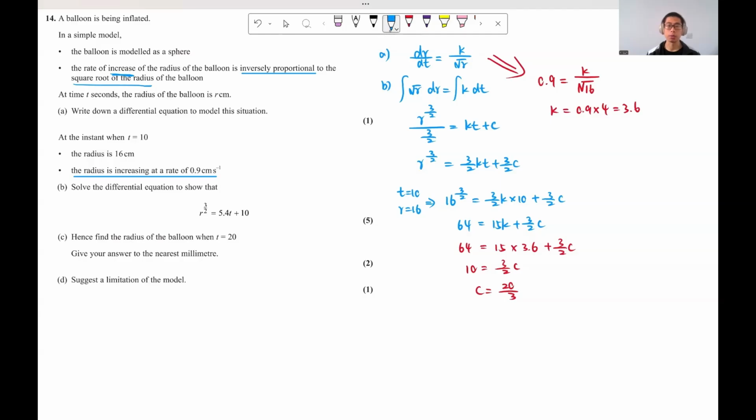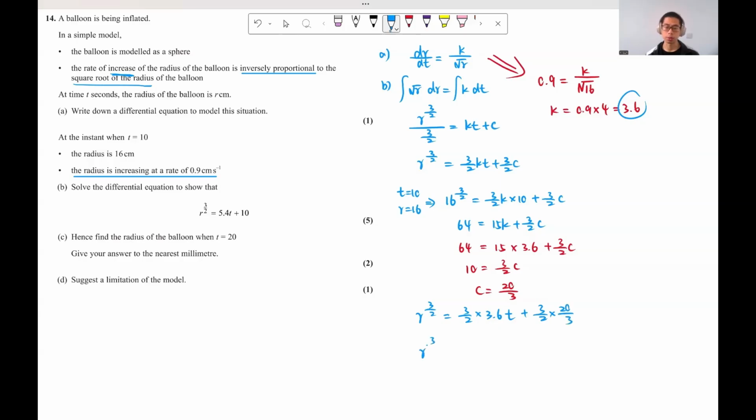So therefore, our final answer would be r to the power 3 over 2 equal to 3 over 2 times by k, which we already know is equal to 3.6, and then t plus 3 over 2 times by c, which is 20 over 3.